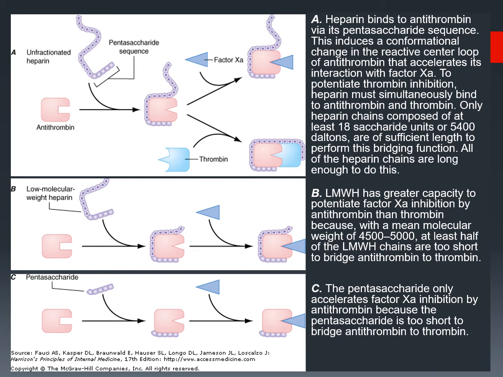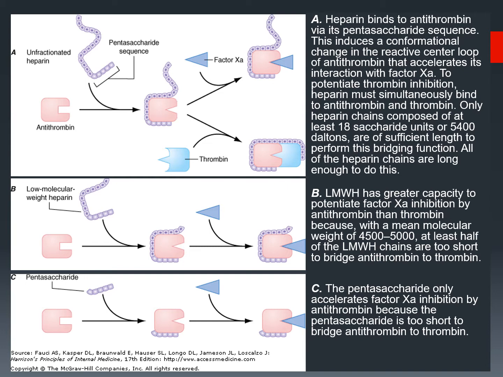With our low molecular weight heparins in the middle, figure B, we have a shorter strand that causes the antithrombin 3 to go through a conformational change, making it more selective for 10A, so big 10, little 2. It does have the ability to also potentially inhibit 2A, but is almost exclusive for 10A here.